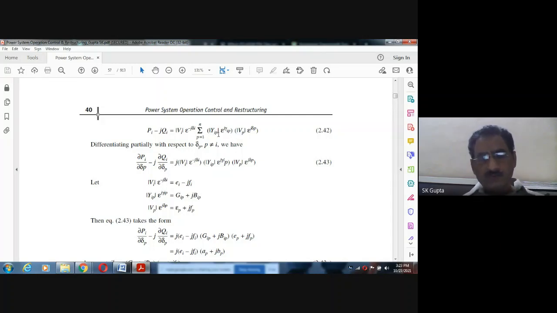So p can be 1, p can be 2, p can be 3, p can be i, and p can be p, then p can be n. So all the terms here, when p is not equal to i, they will be constant, so the derivative of that constant will be 0. Only the derivative of this term, when p is equal to i, will be there.